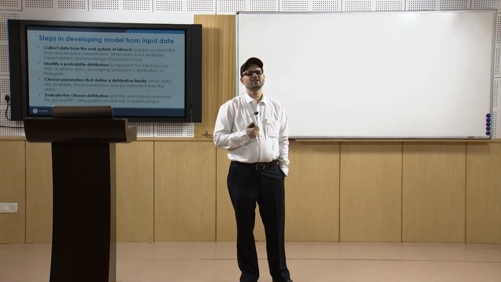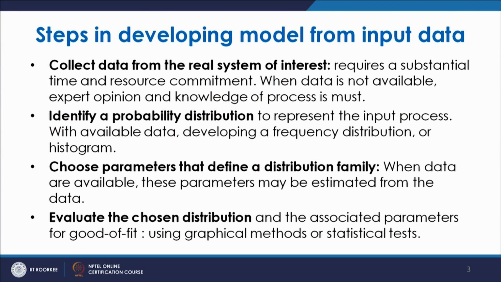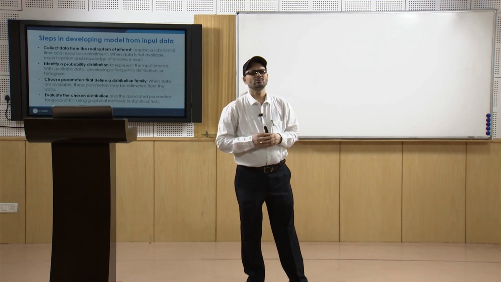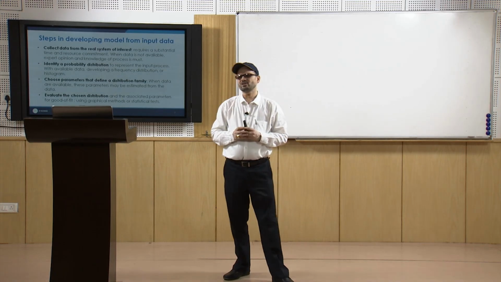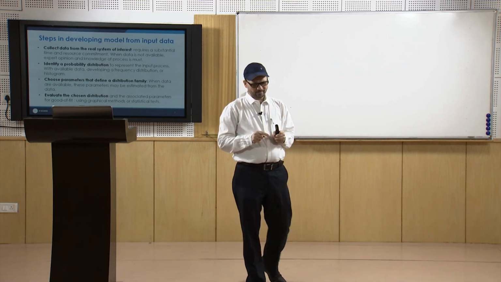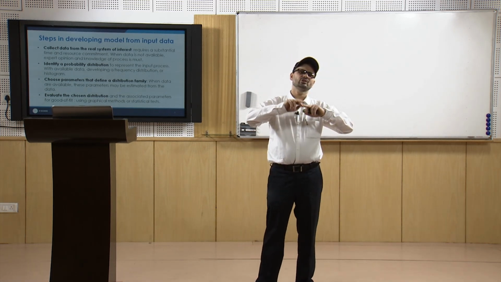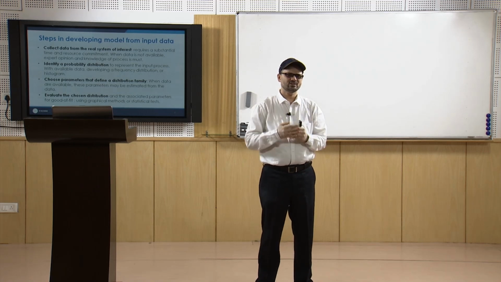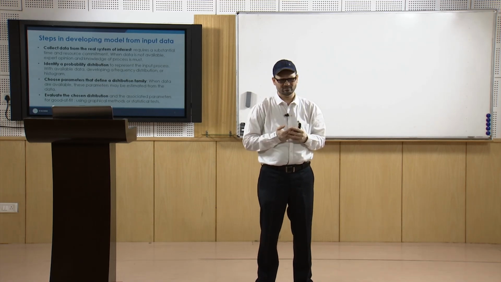Identify a probability distribution. Once you have the data, you have to identify the probability distribution that will be required to represent the input process. For that, you analyze the data and do a statistical analysis of it.